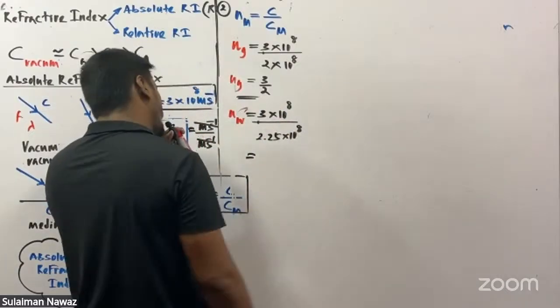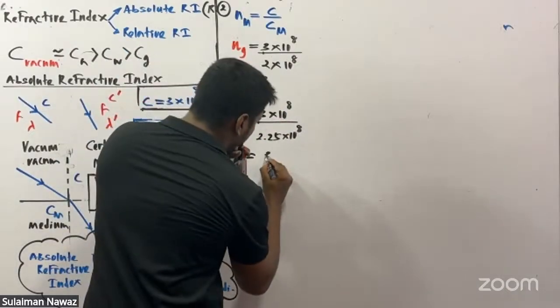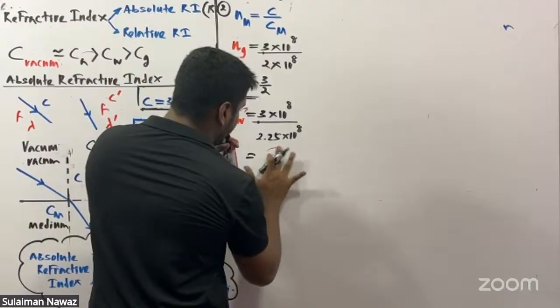3 over 2.25 means, look here, see what I'm doing.